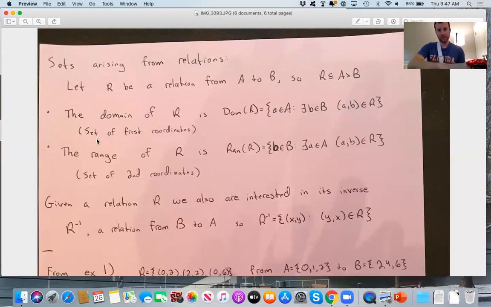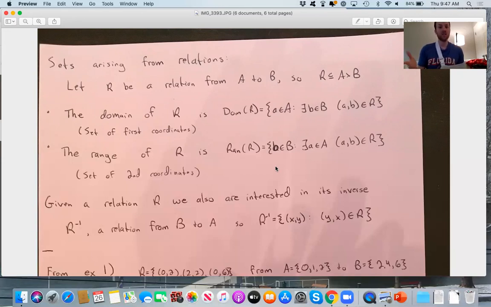Really similarly, but moving to the other half of the product, the range of R is going to be the elements of B such that there's some A in the first part of the product, capital A, so that A, B is in the relation R. So the range is the set of all second coordinates of ordered pairs in the relation.